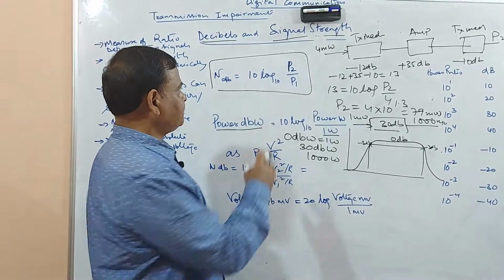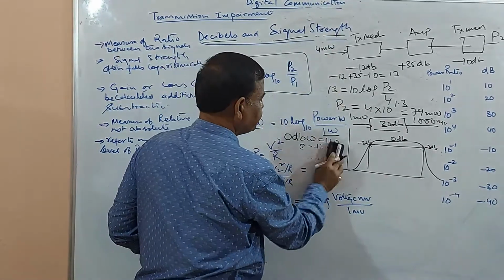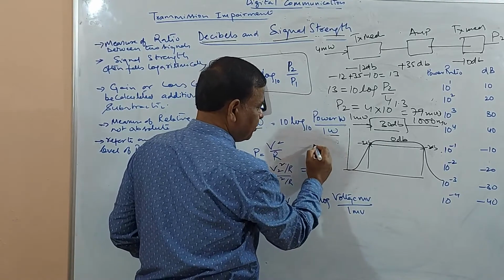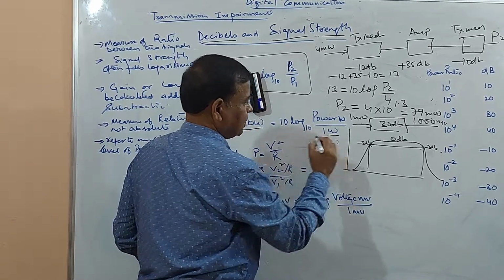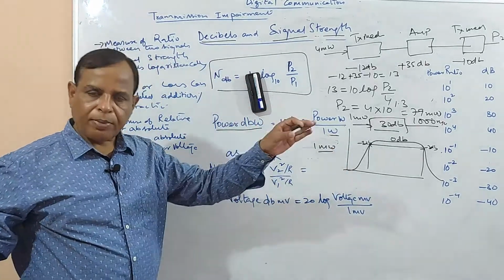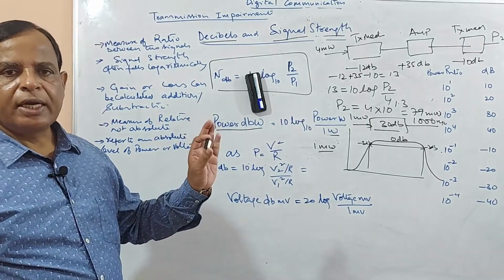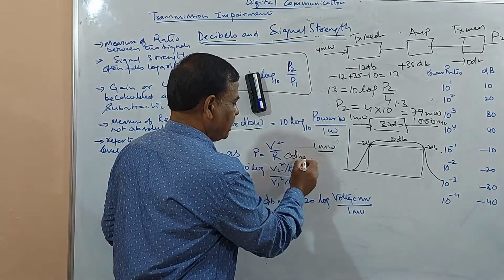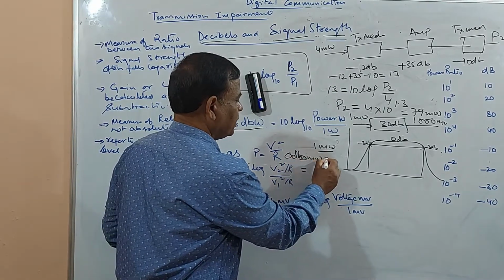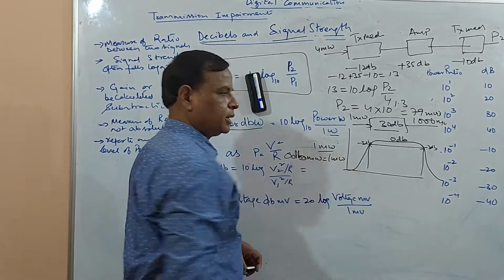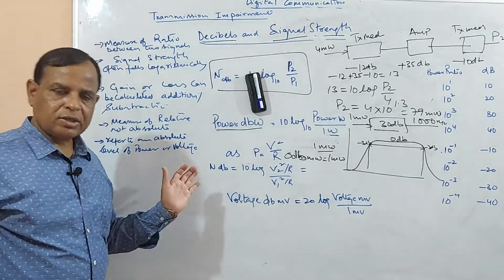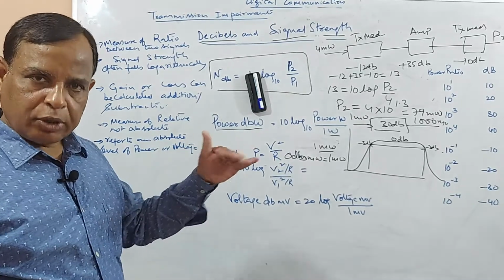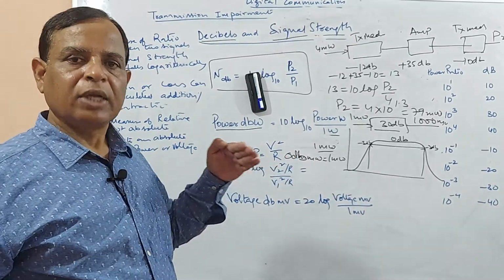So in that case, the reference value will be 1 milliwatt. Whatever the power values are, you are representing in milliwatts. So here in this case, 0 dBm is equal to 1 milliwatt. So decibels are being used for representing absolute values also with a certain reference level.